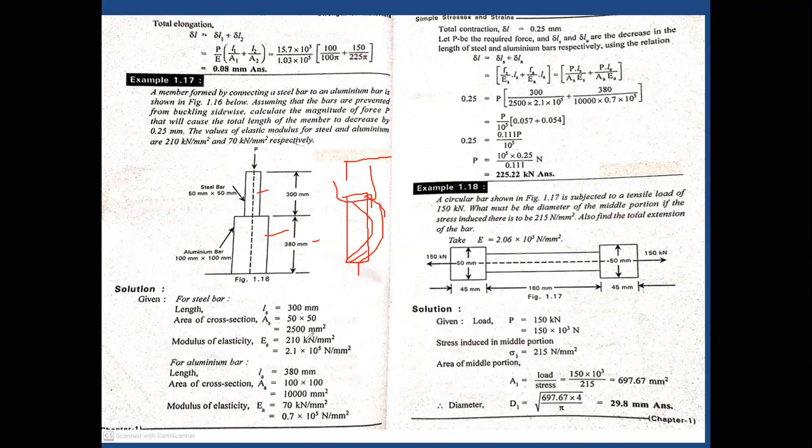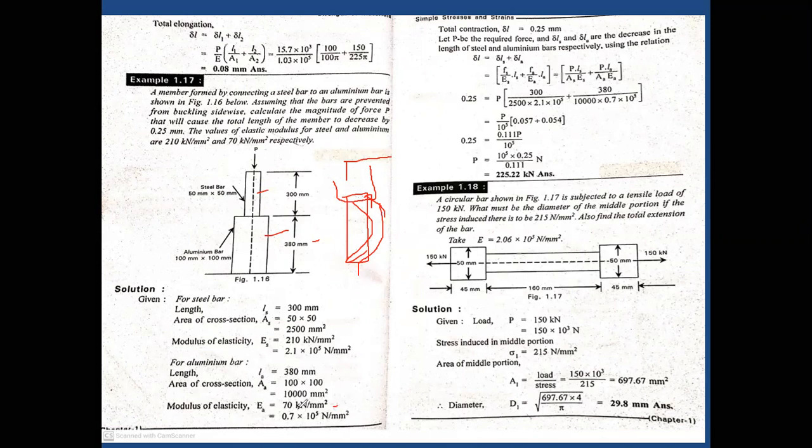The modulus of elasticity is 210 kilonewton per mm square, as given in the data. Then the aluminum bar: the length of the bar is 380 mm, the area is 100 by 100, 10,000 mm square, and the modulus of elasticity is 70 kilonewton per mm square, which is 0.7 into 10 to the power of 5. How does it come?